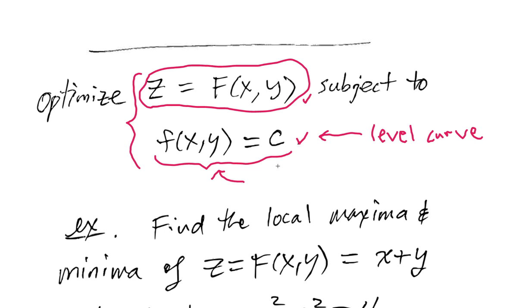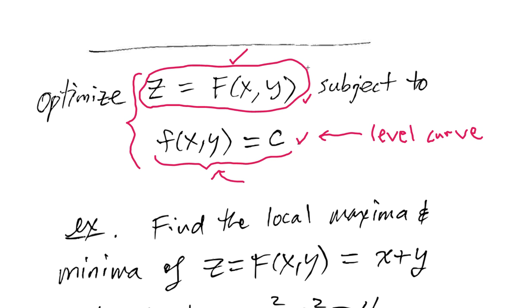Now that cylinder would intersect this surface, assumably, in some places, giving a nice smooth curve embedded in that surface in 3-space.